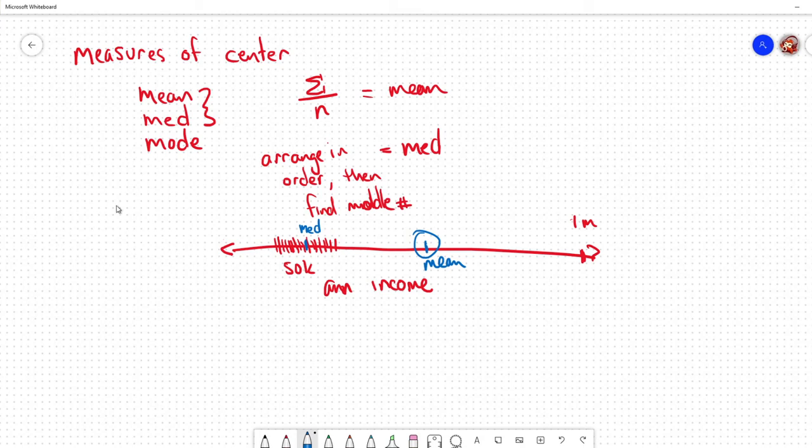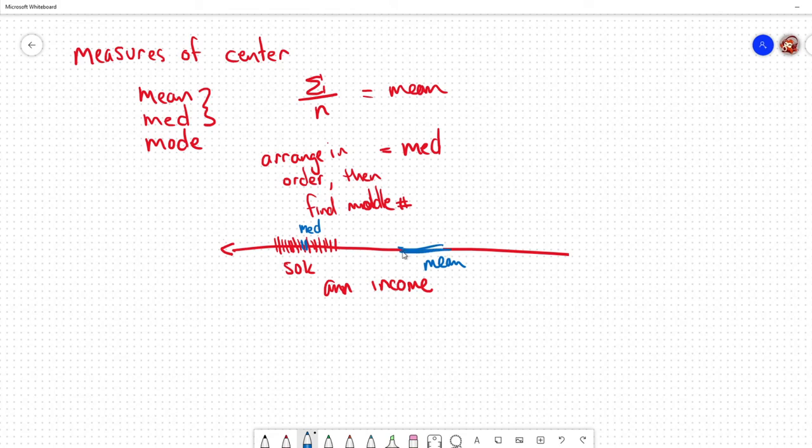The median, however, would be a better measure of center. Now, if this person did not exist, if we did not have Bill Gates, then the mean and the median would be pretty much in the same position. Might be a little bit higher, might be a little bit lower. You would have to have more specifics, but the mean would be somewhere also here.